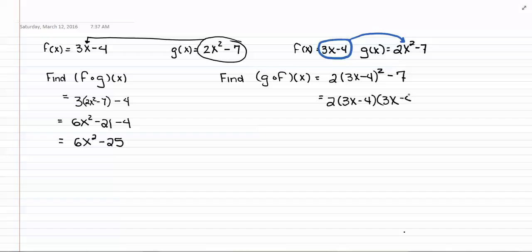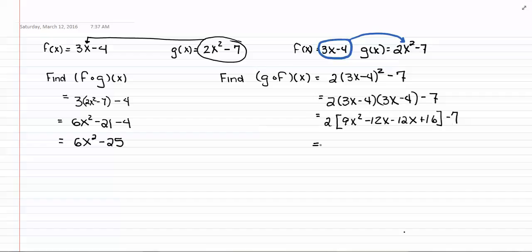And you can multiply in any order. So that means you can either distribute the 2 through the first parenthesis and then FOIL, or you can FOIL first and then distribute the 2. That's generally the process that I go. I keep the 2 out front, FOIL this out, and then distribute the 2 through.